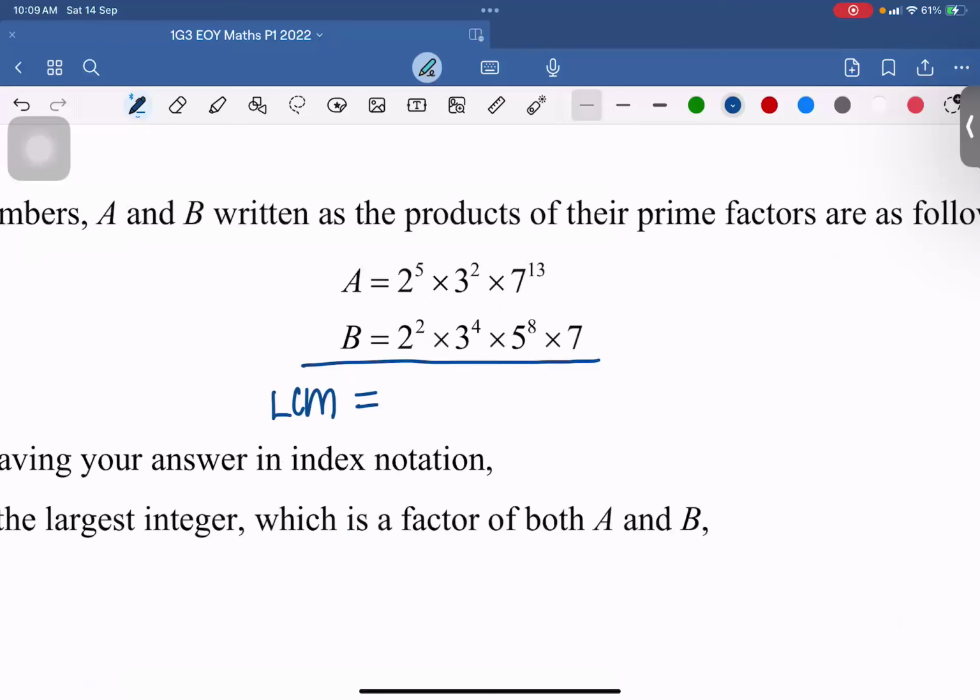Correct. Thank you very much. Thank you, Aaron, for answering my question as well. Okay, good. So in this case, if I want to choose the LCM, it will be 2 to the power of which one? 5. Very good. 3 to the power of 4. Any more? 5 to the power of 8. Thank you. And finally, 7 to the power of 13.